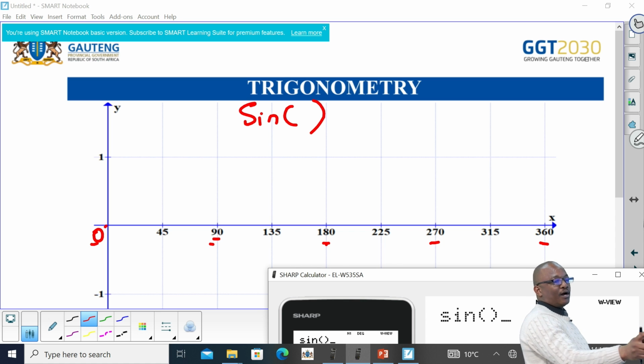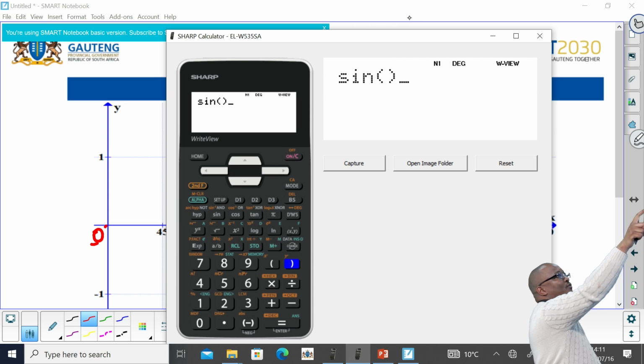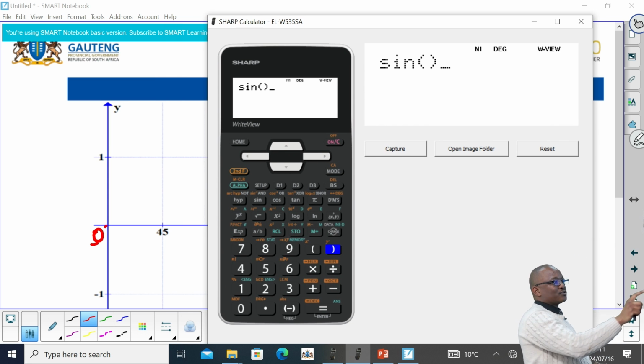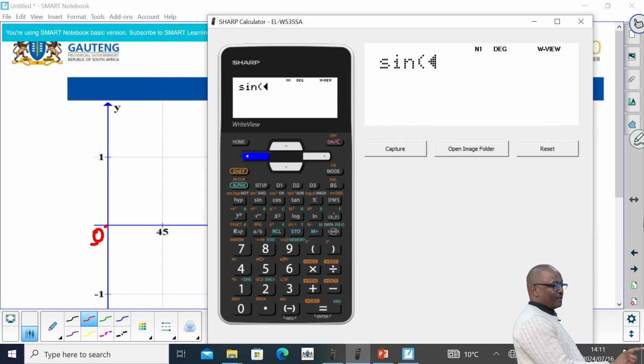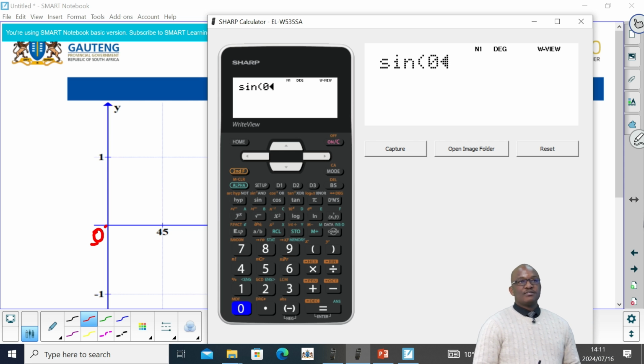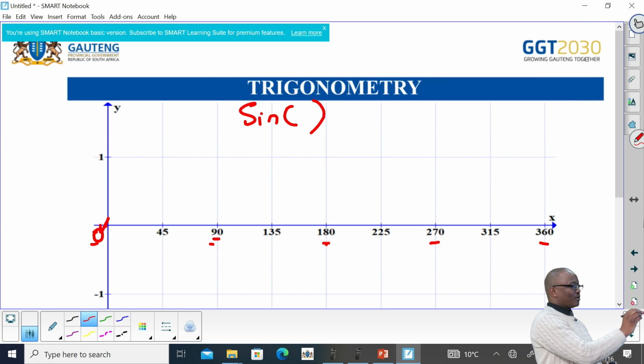So now, how do we then going to do that? You are just going to use your calculator, and then you go and you press 0 because we want the values of sine 0, where our x point is starting. So if you're saying sine 0, you punch in your calculator, you're going to get 0. Then where there is 0, you're going to put your point there.